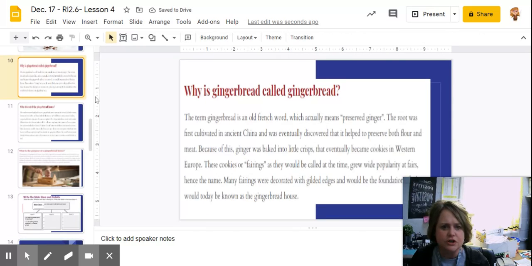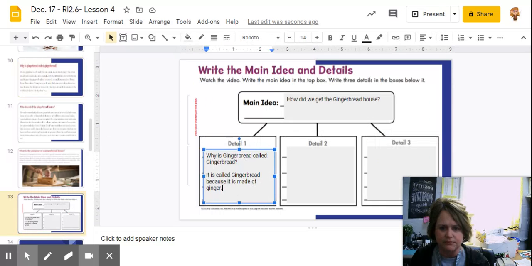Made of ginger, the root that was found in ancient China. This is a root found in ancient China.